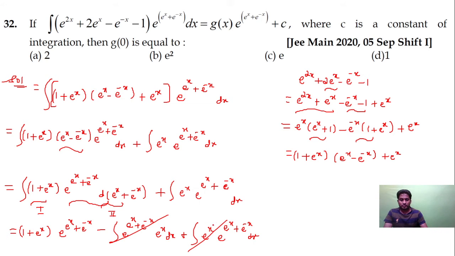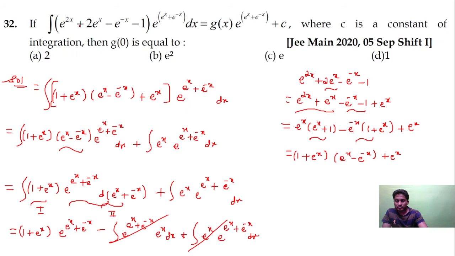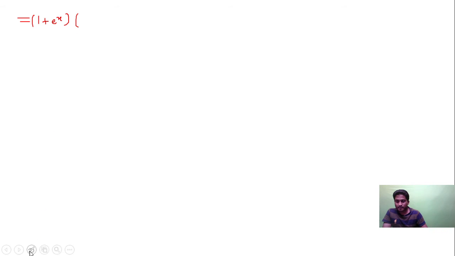Okay, now what am I getting? So this given integral, the final value, will be equal to 1 plus e power x, into e to the power of e power x into e power x plus e to the power of minus x, plus c.